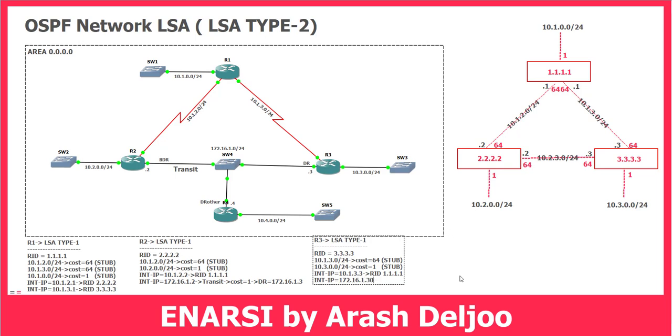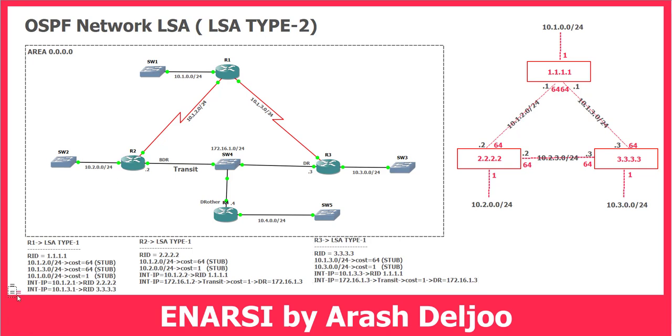We have connectivity to one transit network with the cost of 1, and the DR of this network is 172.16.1.3. That's it.